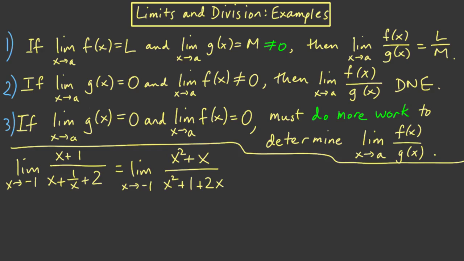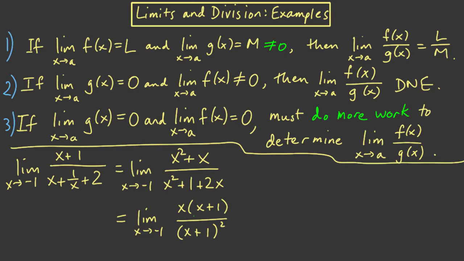So here, well, we still have both the numerator and the denominator going to 0 as x approaches minus 1, but now we can factor. So the top is x times x plus 1, and the bottom is x plus 1 quantity squared. And we're taking the limit as x approaches minus 1.